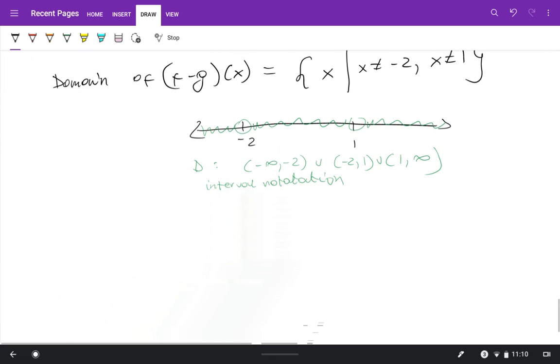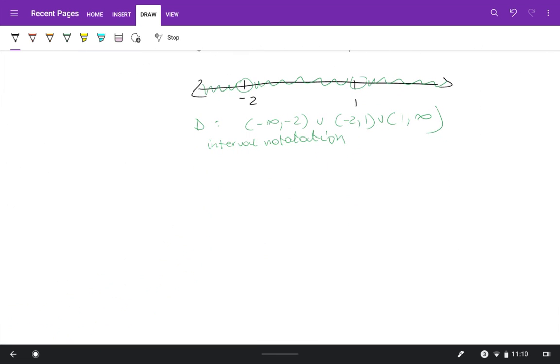The third part was C, when we have to find the product, f times g of x. So what you're going to do is multiply the equation of function f, which is 1 over x plus 2, by the equation of function g, which is x over x minus 1.